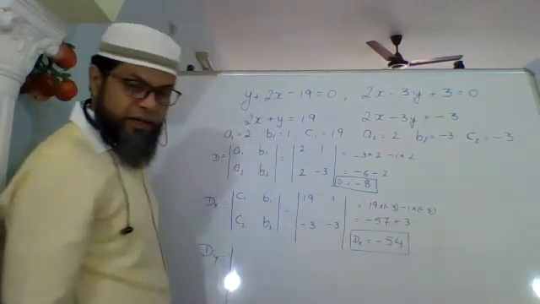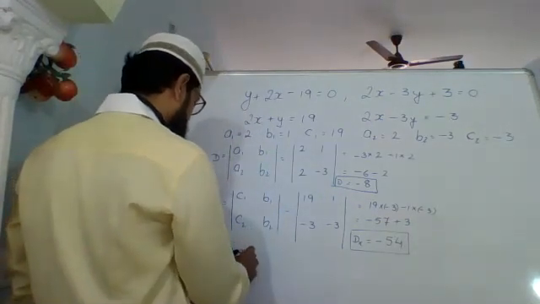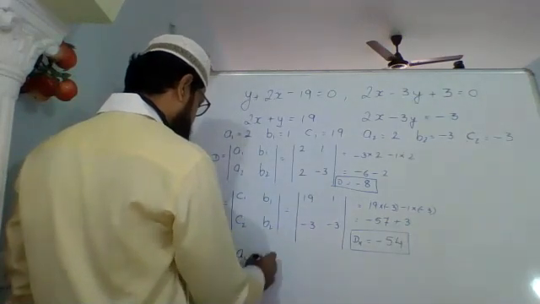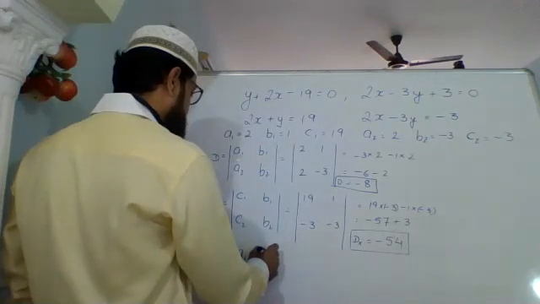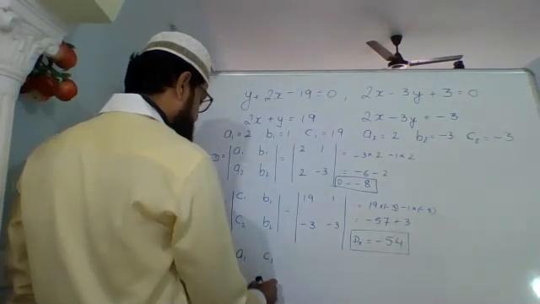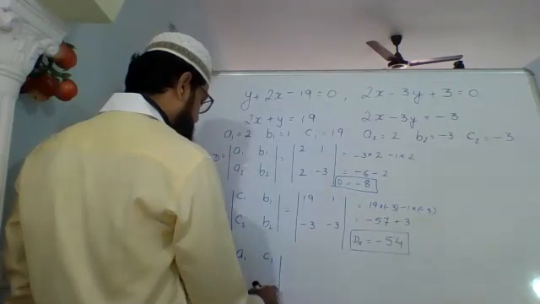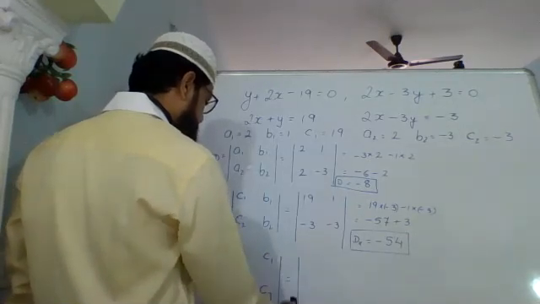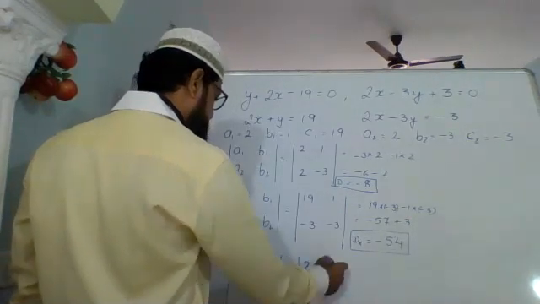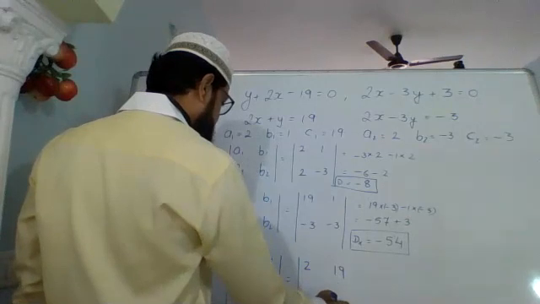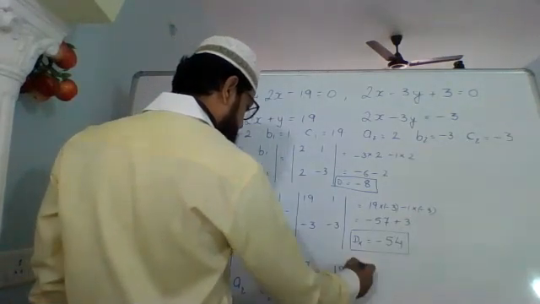Then Dy. Here it will be a1, a2, and then c1, c2, because y is here, so the coefficients of y, b1, b2, are dropped and c1, c2 come in their place. a1 is 2, a2 is also 2, c1 is 19 and c2 is minus 3.